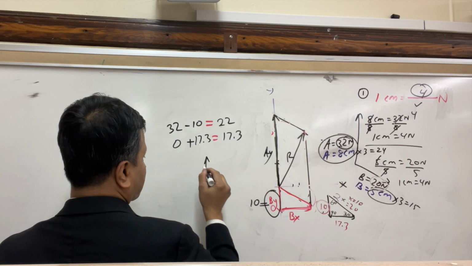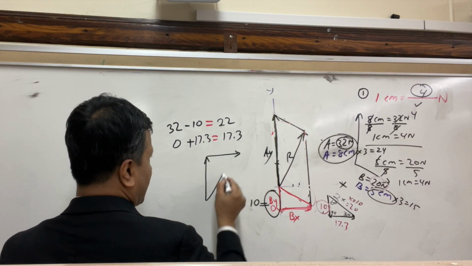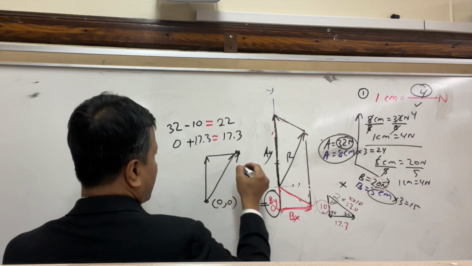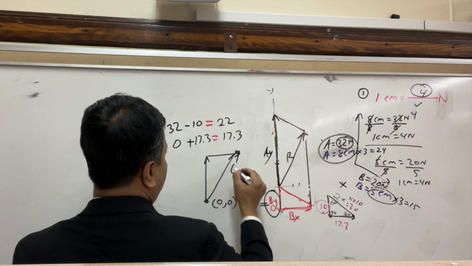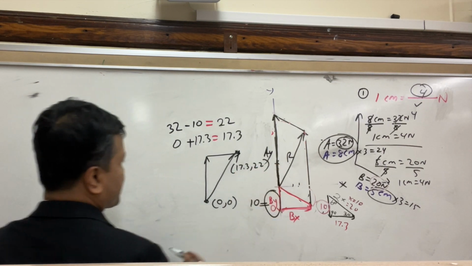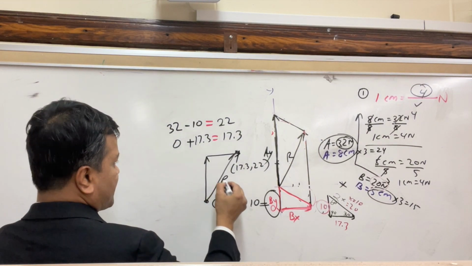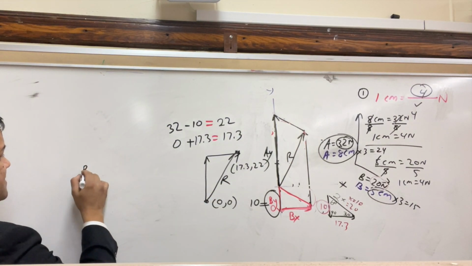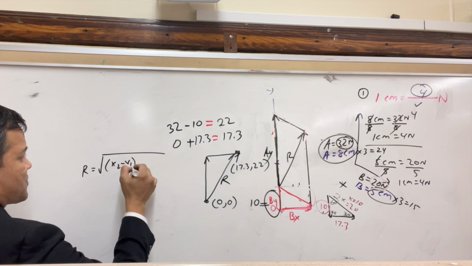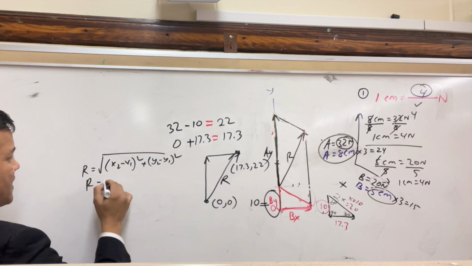So I have 22 and I have 17.3. I have the resultant. So this one is 0, 0 and this one is 17.3, 22. So the distance formula, as you know, which is of course R: R is the square root of (x2 minus x1) square plus (y2 minus y1) square.